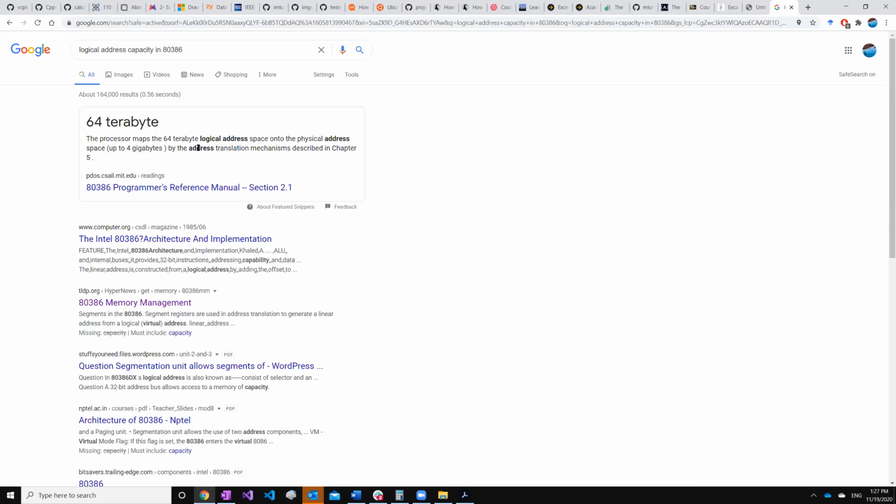This would be the power, or the magic, of using the logical address here. You don't need to truly have 64 terabytes of RAM. That would be very expensive, trust me. But you can assume in the logical space, this is the space that you can have for one program to run.